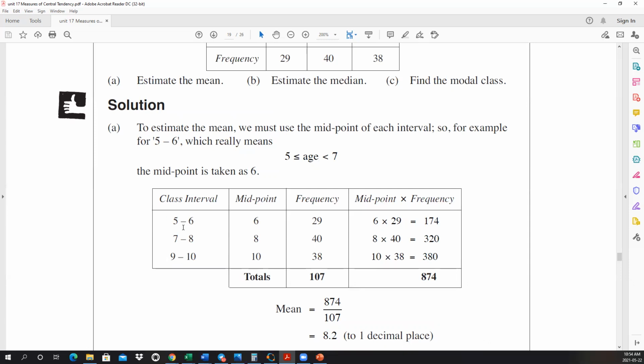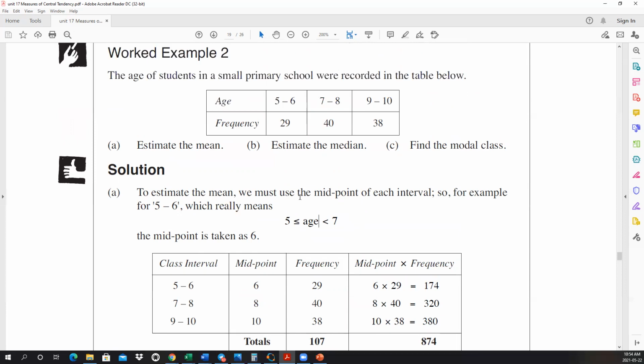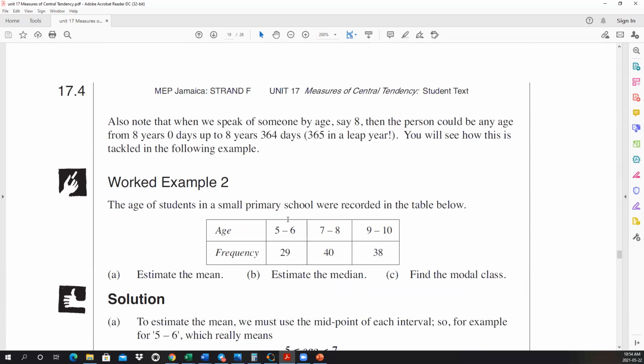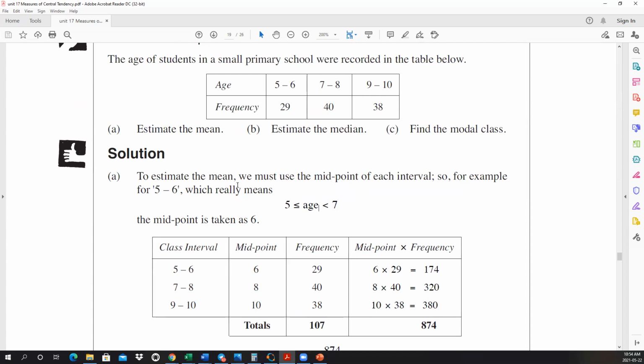People can misinterpret it and then think that the midpoint is around 5.5. So hopefully this is the standard. Let me say it another way. Hopefully this is the exception that they will represent it like this, right? Because I wouldn't want it to be represented like this.